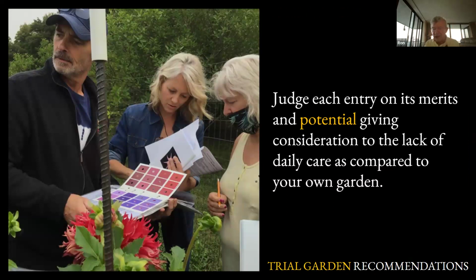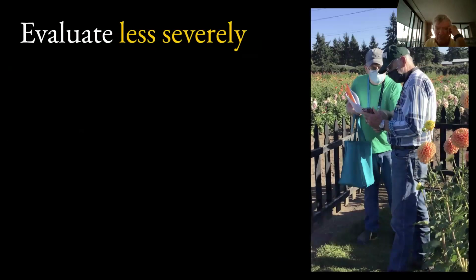Judge each entry on its potential. And that means, if you will, don't worry too much about mistakes made by the grower, since the grower isn't going to influence the potential of an entry. He can help it, but he might also damage it.